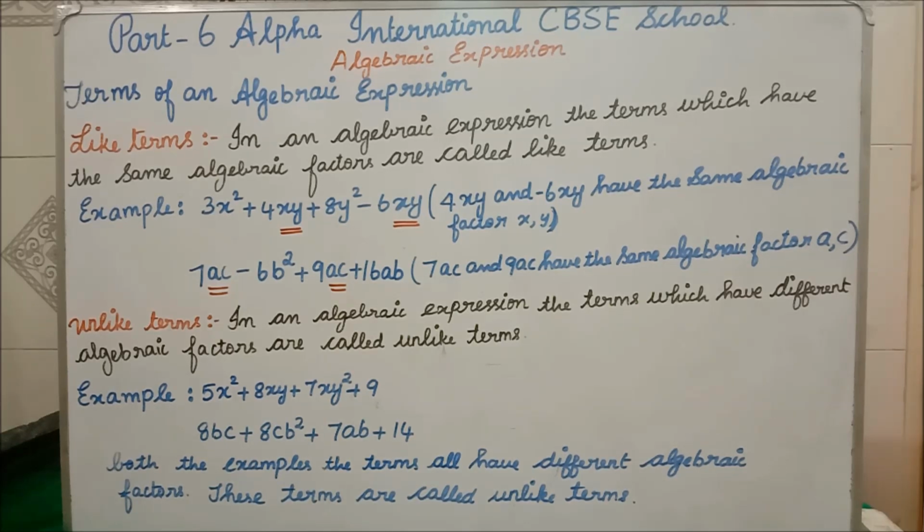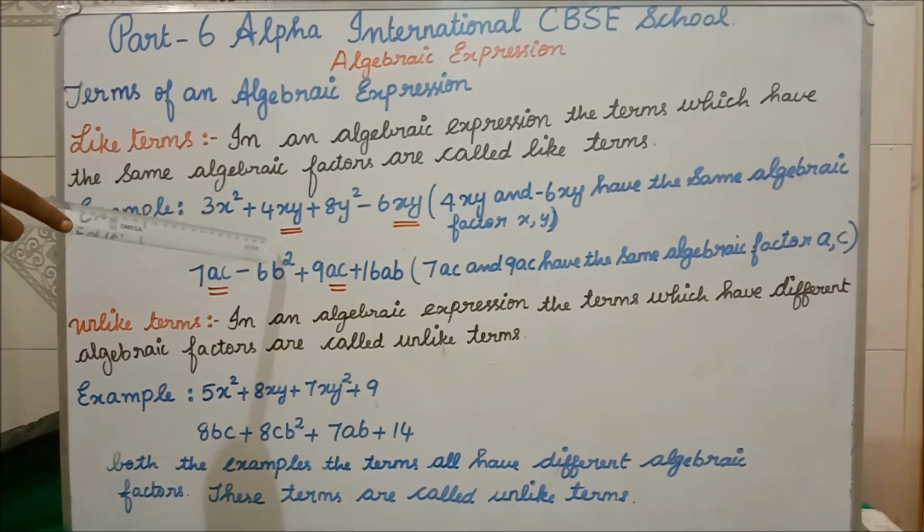So this 4xy and minus 6xy have the same algebraic factors. What are the factors? For 4xy, we are having x and y as the factors. Similarly, for minus 6xy, we are having x and y as the factors. So 4xy and minus 6xy have the same algebraic factors, x comma y.